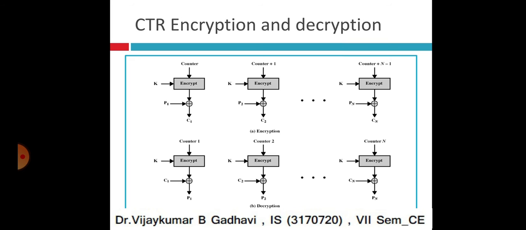Here we can see in the diagram the counter is applied and K is used as the key. Then we get an output, the same as for encryption. Counter 1 to n-1 processes are followed to encrypt an amount of data based on the counter.